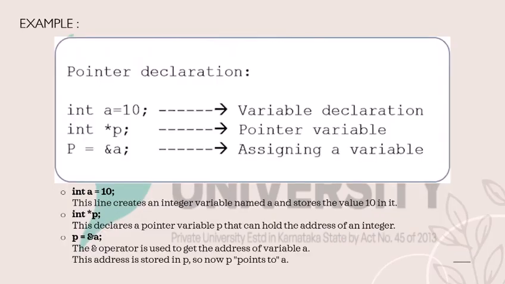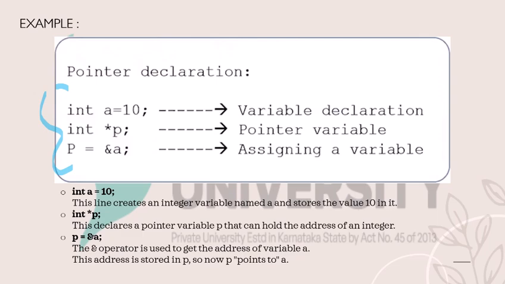For a pointer declaration example, we're going to take three lines. Int a equals 10, variable declaration. Int *p equals ampersand a, assigning the address to the pointer variable p. First, int a equals 10.